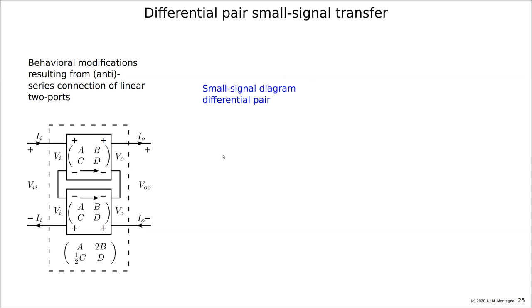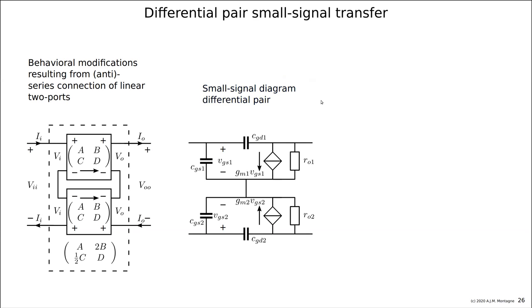So for the small signal diagram of the differential pair, we can just use these conclusions now. This would be the small signal anti-series connection of the two differential pairs, one having the elements with subscript 1 and the other with subscript 2.